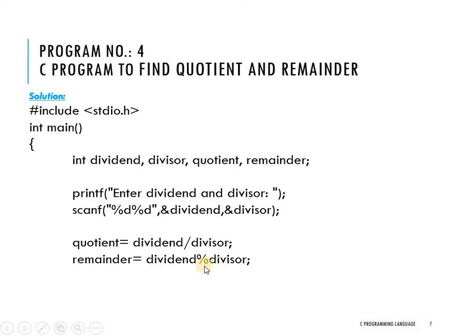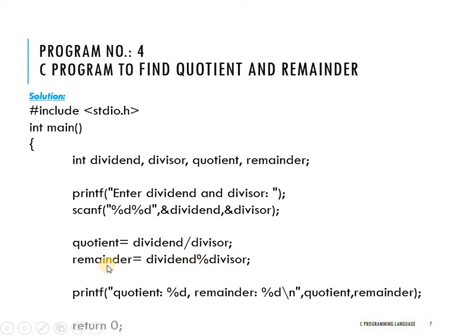This operator is used to get the remainder value from the given expression. The remainder value will be stored in the remainder variable, and then I am going to display the quotient and remainder values, and then return 0, and close this program. So this is how we can find the quotient and the remainder value.